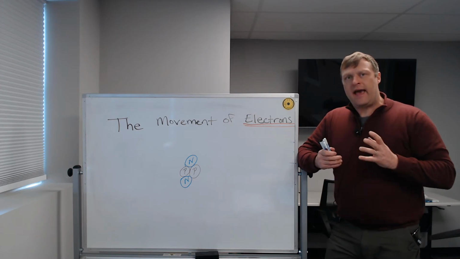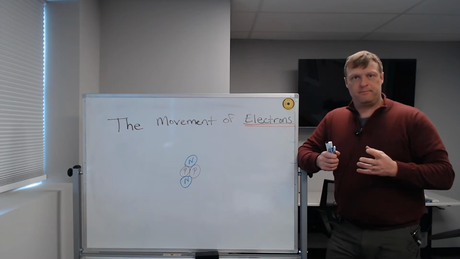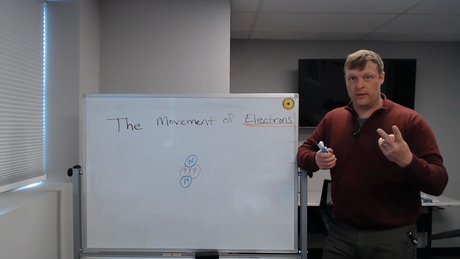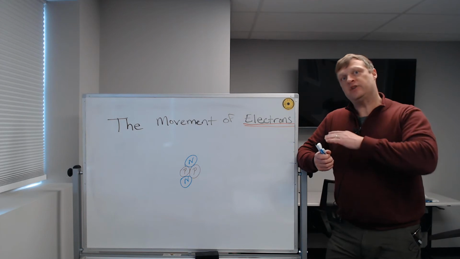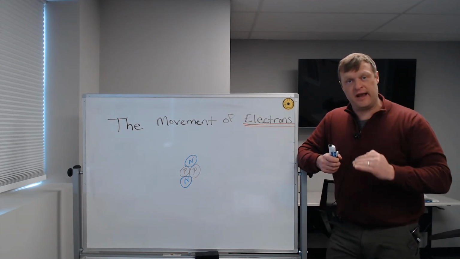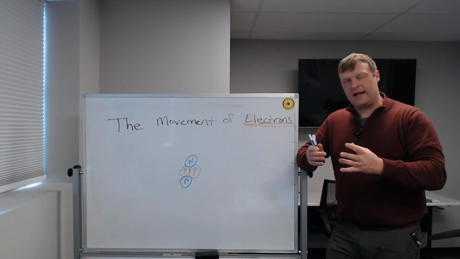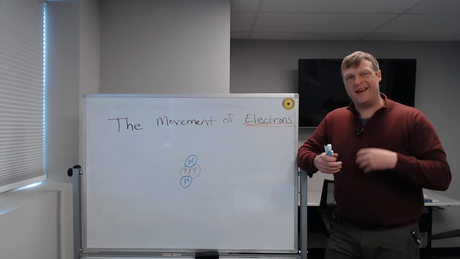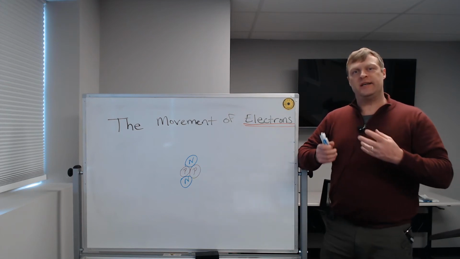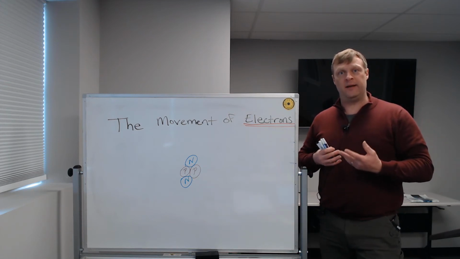Now, every element is different. Hydrogen only has 1 neutron, 1 proton. And then as you progress on through the table of elements, as the elements get heavier and heavier, they begin to collect more neutrons and protons. And it's these parts of an atom that actually define what an element is.